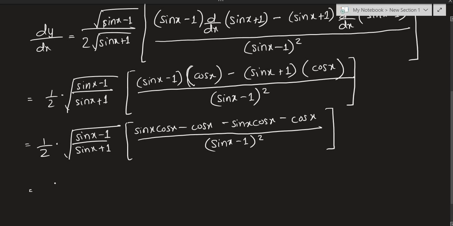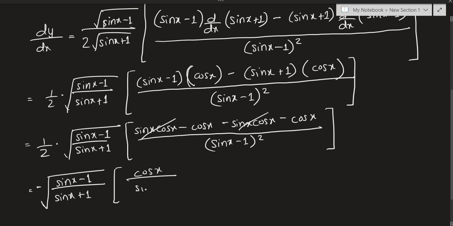So well, these two terms are going to cancel out. So we'll have a negative 2 times the cosine of x. So that 2 and this 2 will cancel off. So we'll have the square root of sine of x minus 1 divided by sine of x plus 1 times, you can put the negative up front, cosine of x divided by sine of x minus 1, the whole thing squared. So that's basically our dy over dx.